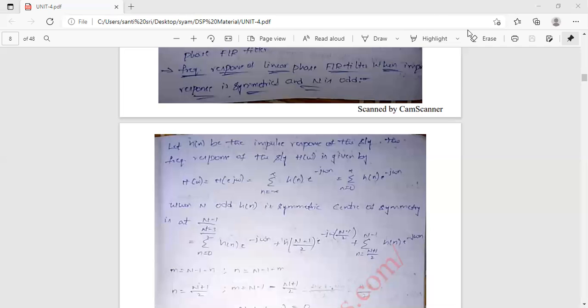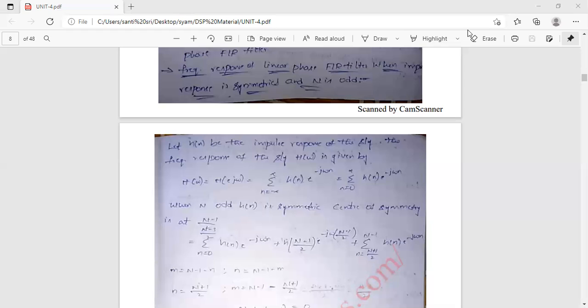So it can be written as sigma n equal to 0 to (N minus 3) by 2 of h(n) into e^(-j omega n), plus h((N minus 1) by 2) into e^(-j omega (N minus 1) by 2), plus sigma n equal to (N plus 1) by 2 to N minus 1 of h(n) into e^(-j omega n).